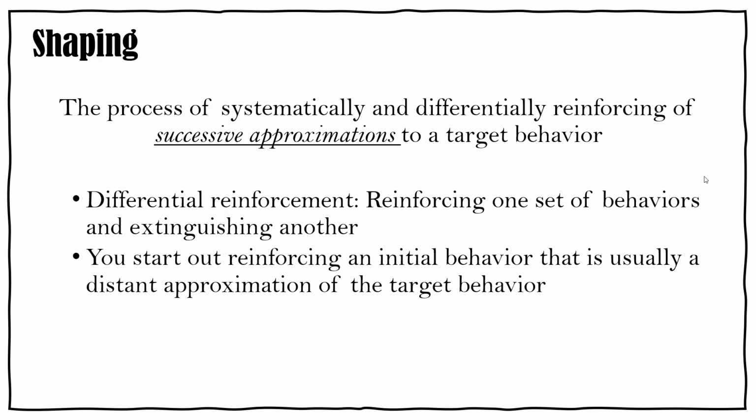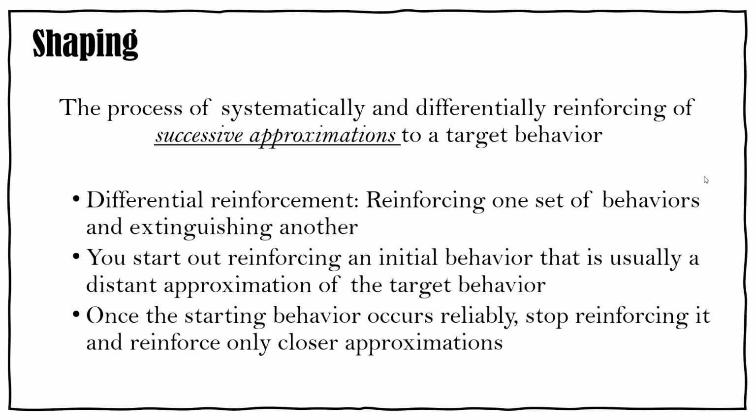So you start out reinforcing an initial behavior that's typically a distant approximation of the target behavior. With Twiggy, just sniffing the skis would be the initial behavior. And then once that starting behavior occurs reliably, you stop reinforcing that and reinforce a closer approximation.